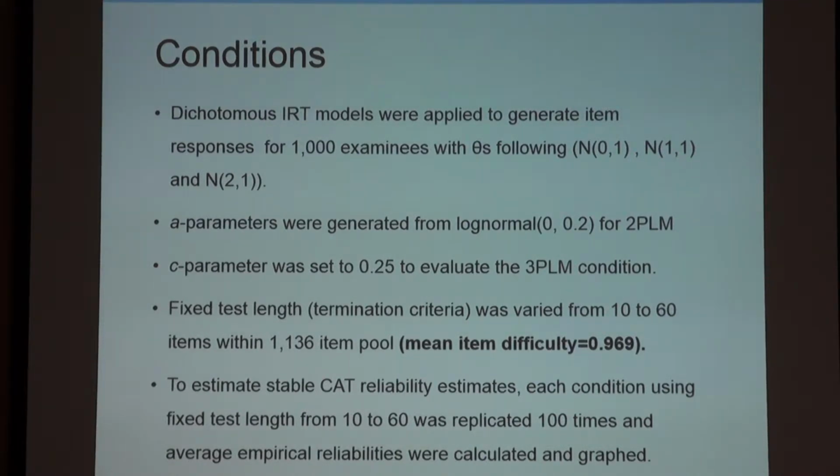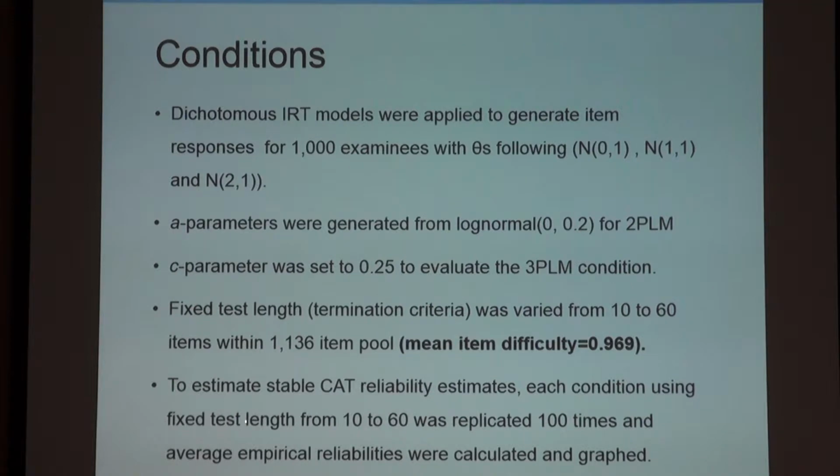This is a relatively small number of items compared to previous research. I used 50 test situations within a 1,136-item pool. The mean item difficulty of this pool is almost 1.0, so it is relatively difficult.